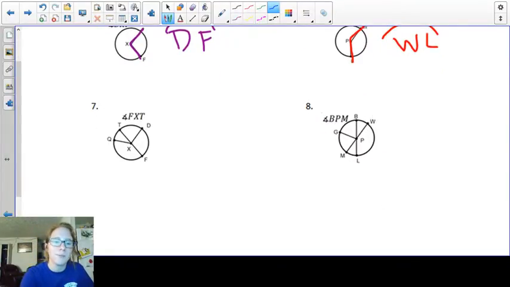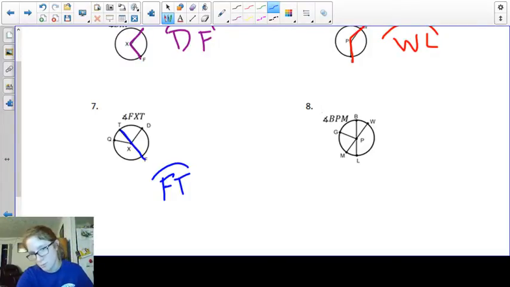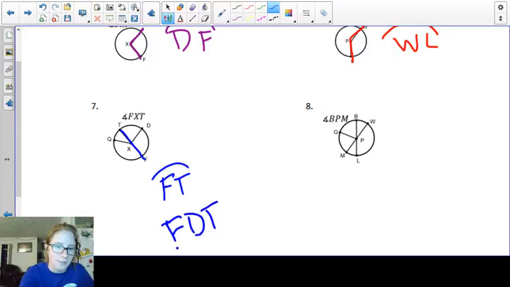This one is a little bit more tricky. We have FVX. So there's kind of two arcs created here. We could say we have FT, or we could say, because it's a major arc, because it's technically a semicircle, it is equal to 180. I like to use 3 letters on that one and say FDT or FQT.